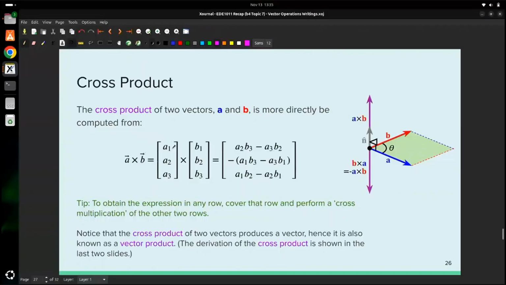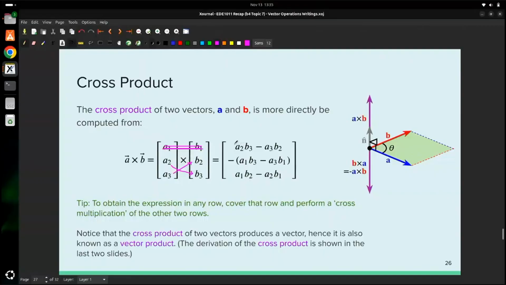Now, you have to cover, let's say, this first component. So what you do, operation-wise, you cover the first row. Then after that, you take A2 multiplied by B3, minus A3 multiplied by B2. So you can see the cross operation here. That's why it's called the cross product.